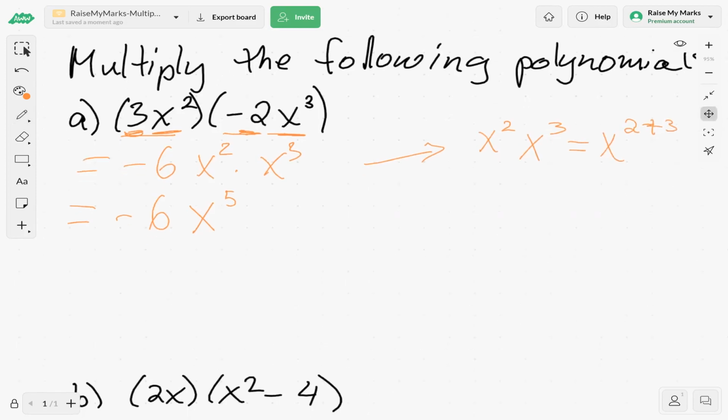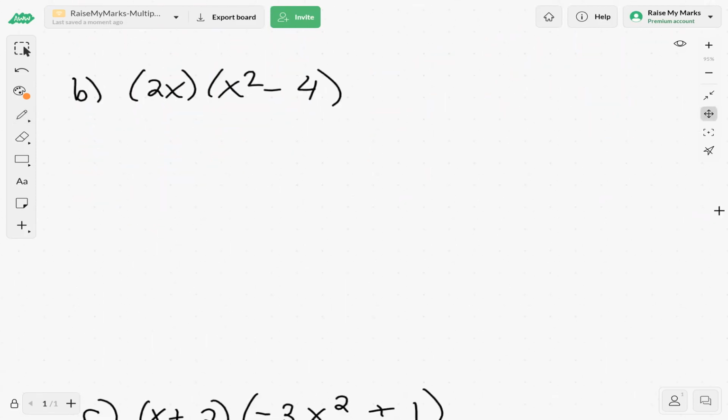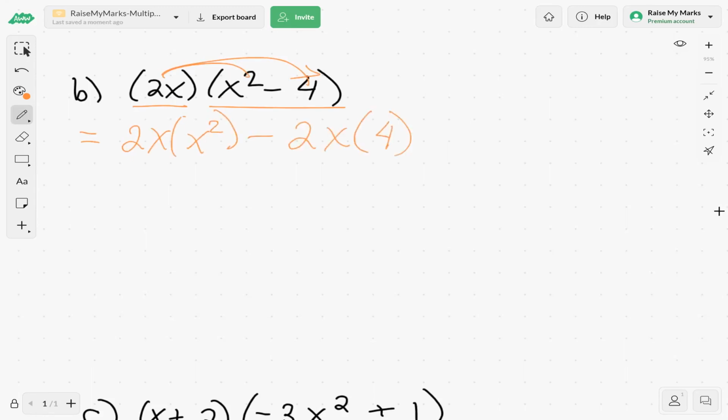Good. All right, so now let's look at the next one. Here we have 2x, a monomial, times a binomial, x squared minus 4. So what we need to do is multiply our monomial into the bracket. We have 2x times x squared minus 2x times 4.